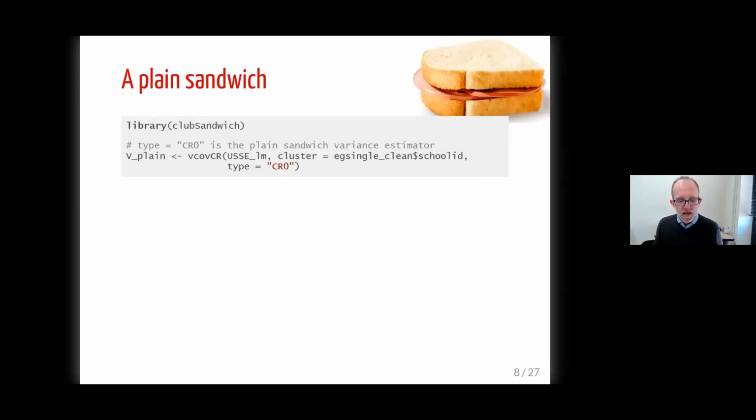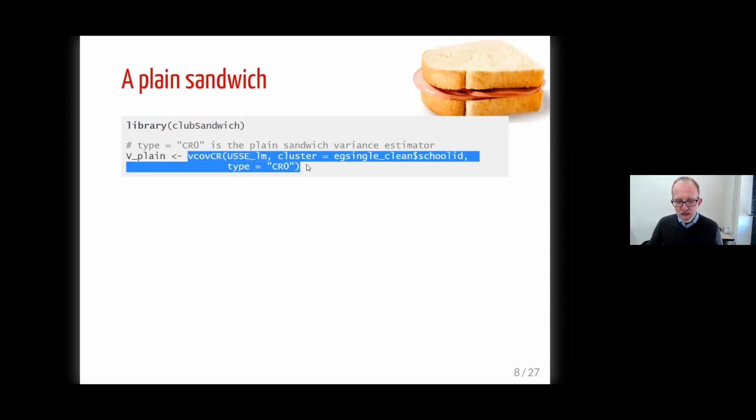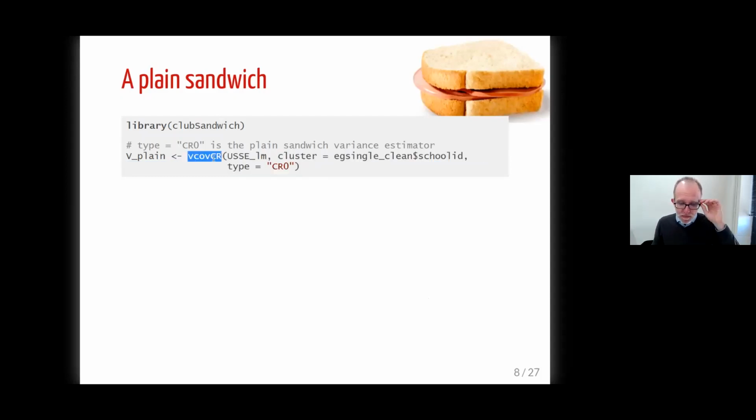So I'm loading up the clubSandwich package, which is available on CRAN, and then here I'm creating a cluster robust variance covariance matrix using the function vcov_cr for cluster robust.